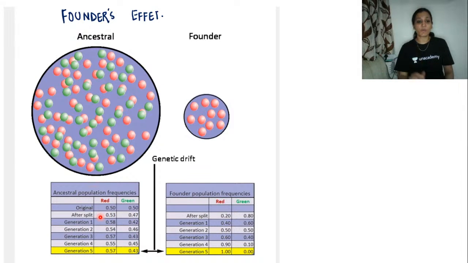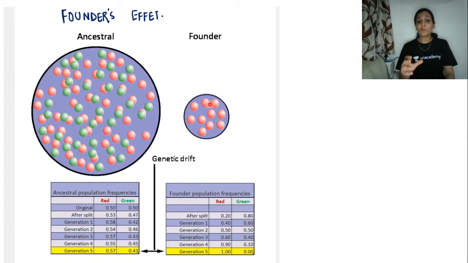In the further generation the changes were still not that profound, around 0.57 and 0.43, quite close. So in the ancestral or original population, there were no major differences caused by this migration or moving out.